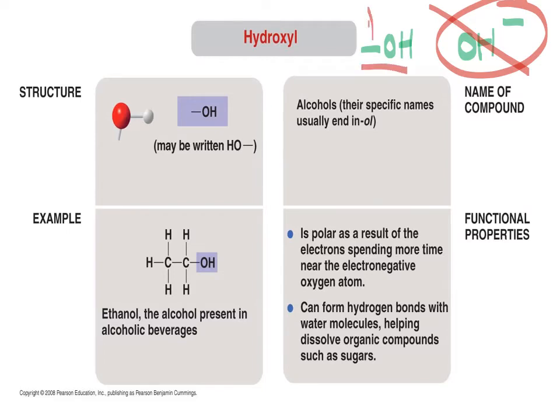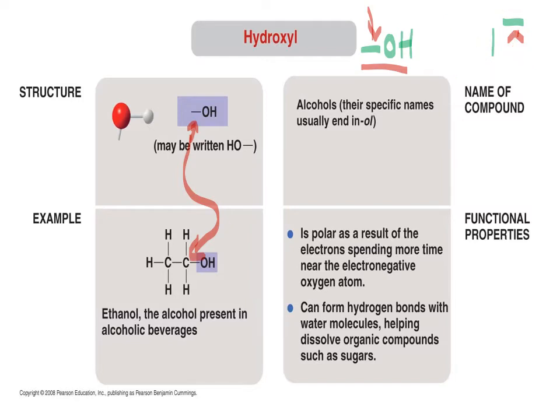Hydroxyl, the line, when we draw it, look, there it is right there. That line is showing you that it's bonded to a carbon. When you draw a hydroxide ion, the line that we draw is an ionic charge. It's an ion. Two very, very different things. So don't confuse hydroxyl with hydroxide. We're going to be talking about the functional group, the bonded thing to something else. It is part of a larger molecule, not an ion.